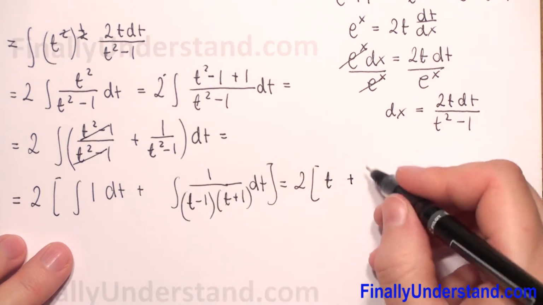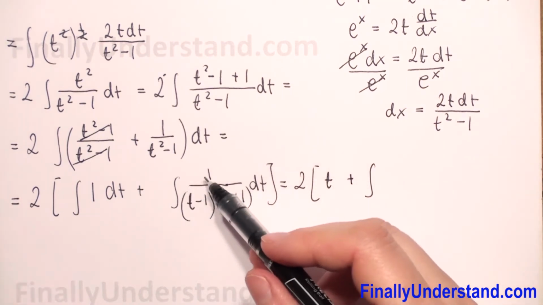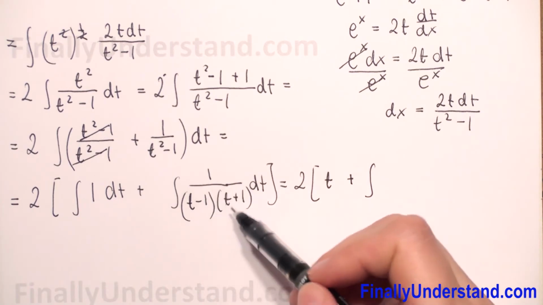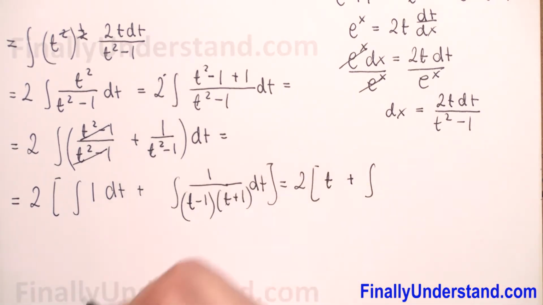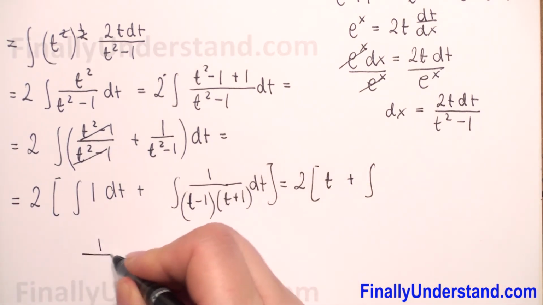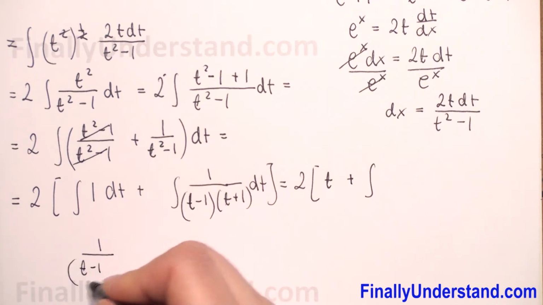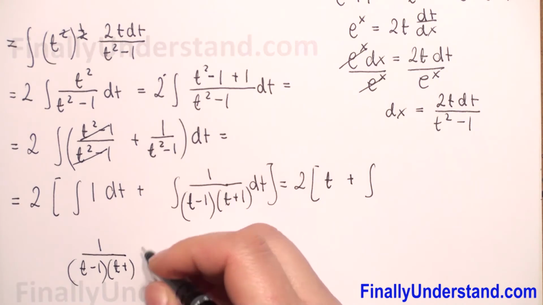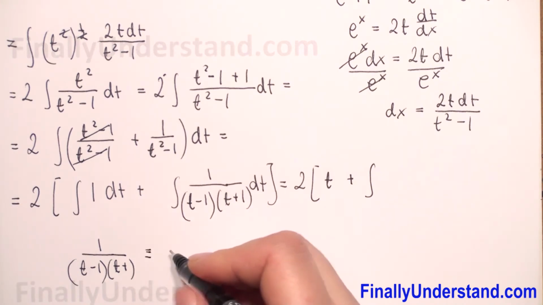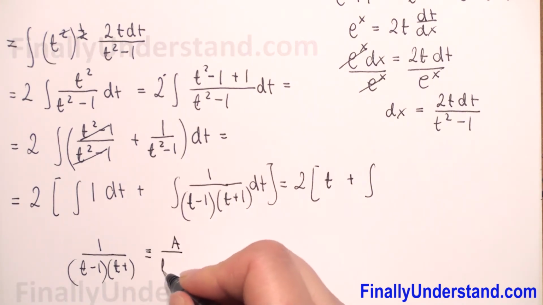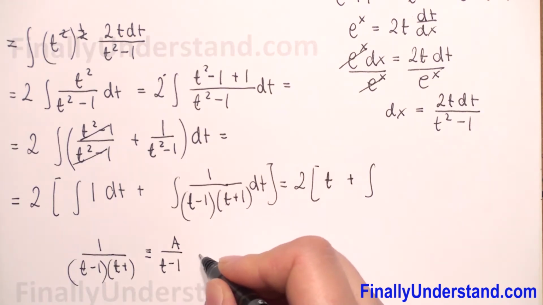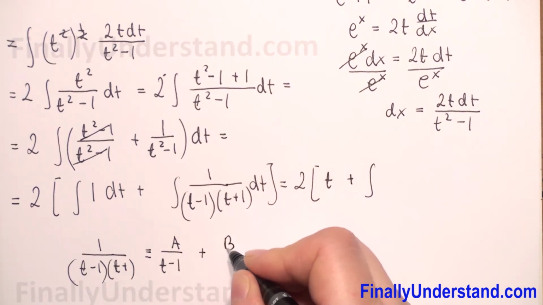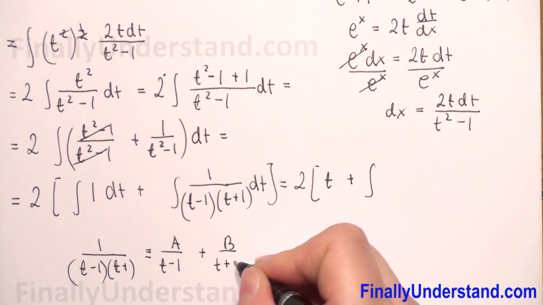Now we can rewrite our integral, our integrand. We have rational fraction 1 over t minus 1 times t plus 1. So we will write that this is identically equal to a over t minus 1 plus b over t plus 1.